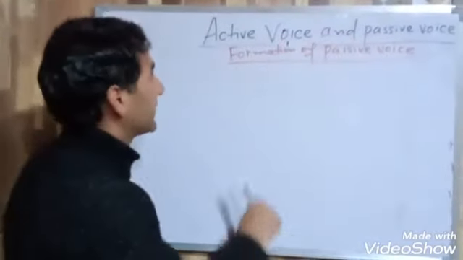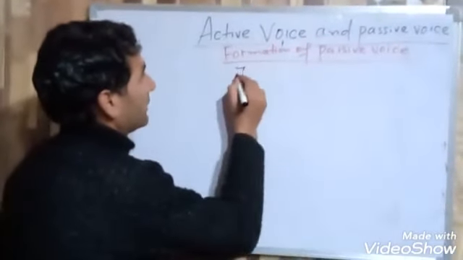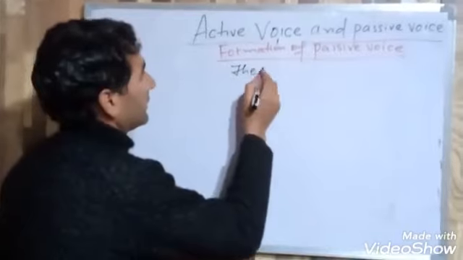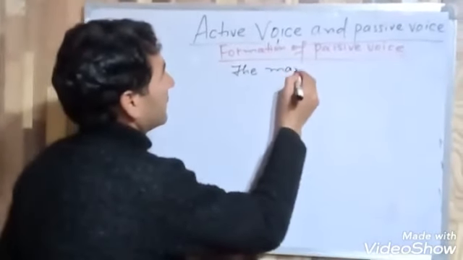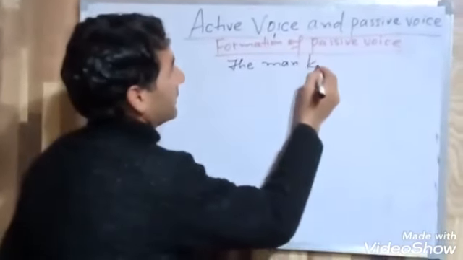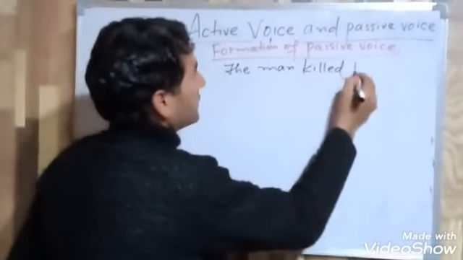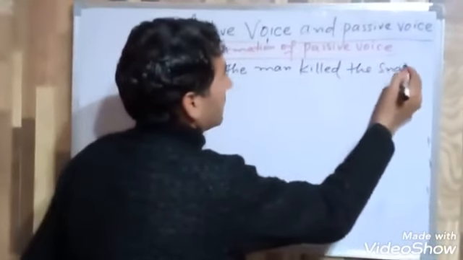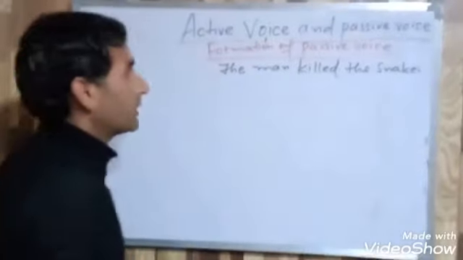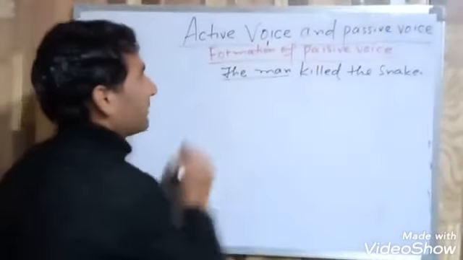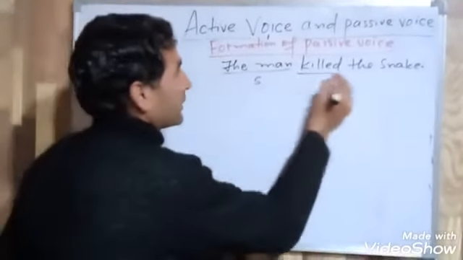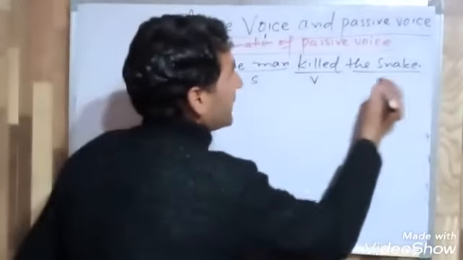I will write here the sentence: The man killed the snake. Now in this sentence, the man is subject, killed is verb, and the snake is object.